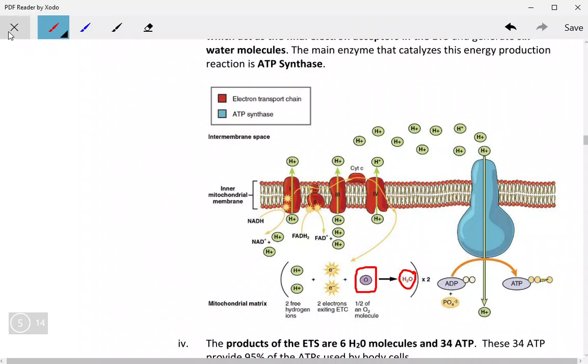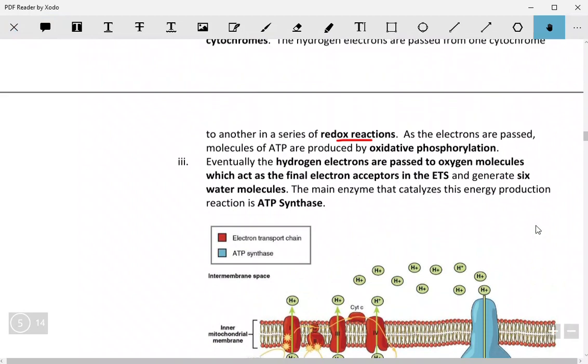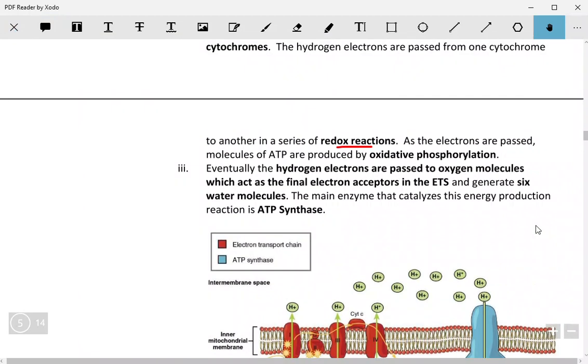What we mean by that is oxygen will now bind to these hydrogen electrons to form water molecules. So the ETS, the electron transport system, its job is to produce the maximum amount of ATP, and it is going to generate, are you guys ready for this? Up to 34 ATP molecules.